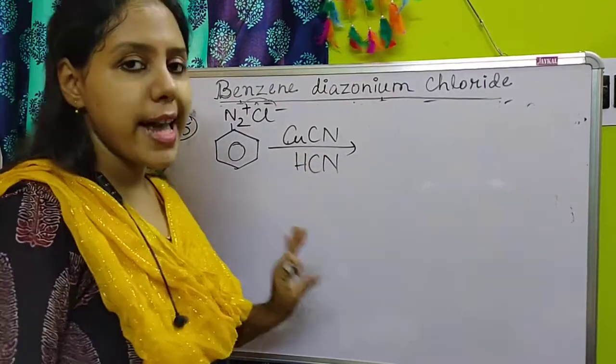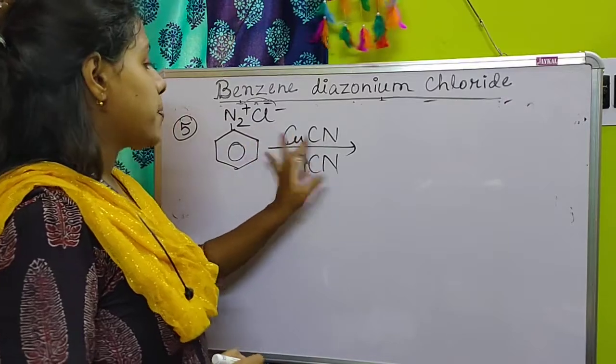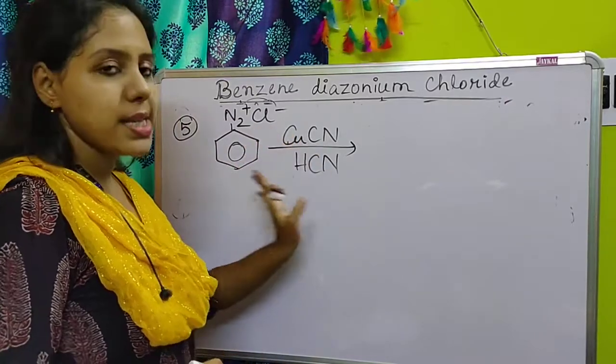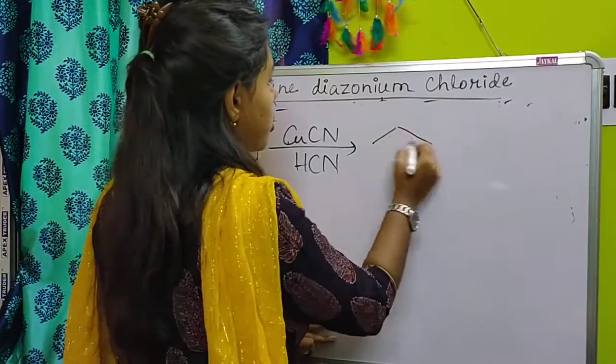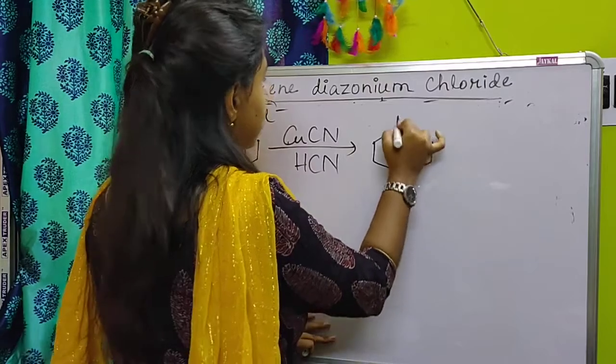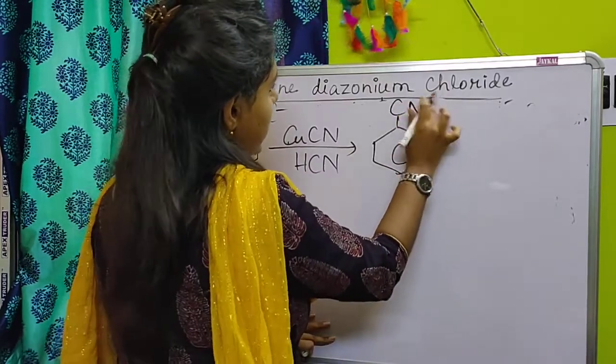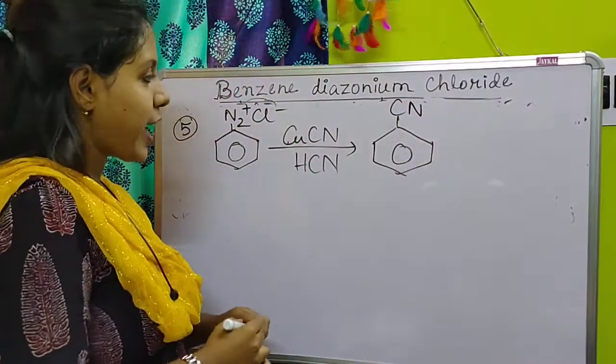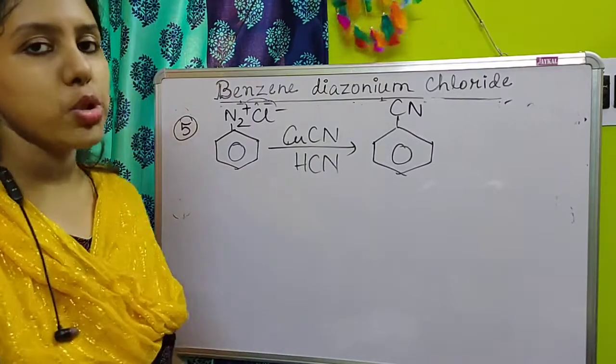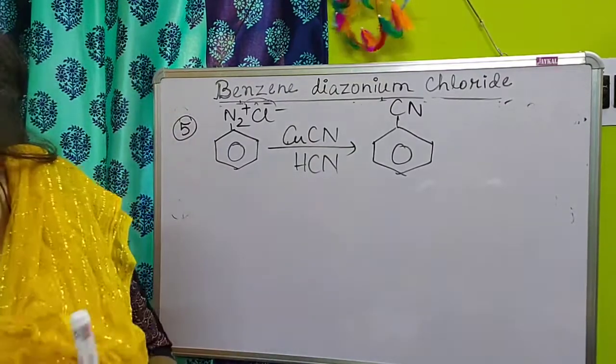So the copper salt of cyanide as well as hydrogen cyanide you have to add. So here you are getting the product as cyanobenzene or benzonitrile.